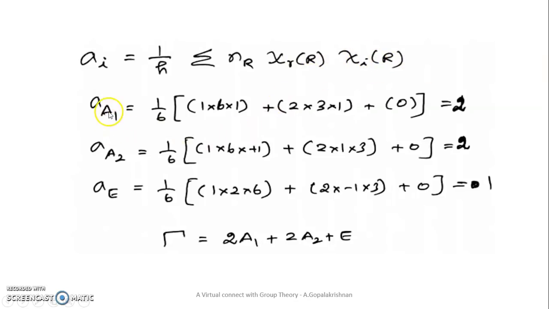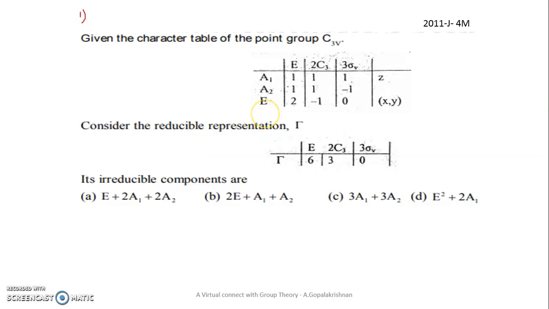Now first we will take the A1 irreducible representation. For A1, the irreducible characters are 1, 1, 1, and the number of operations in class 1 is 1, in the second class it is 2, in the third class it is 3.